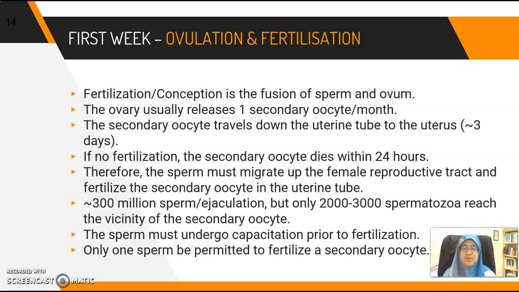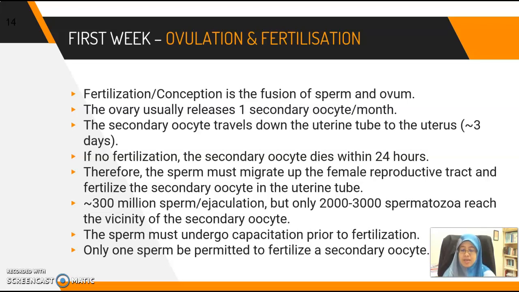There are certain conditions the sperm need to undergo before they can touch the finish line. We call this process capacitation. Capacitation is a process whereby the sperm undergo biochemical and physiological changes on the surface, on the membrane of the sperm.